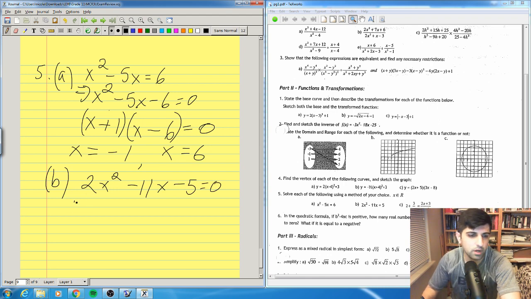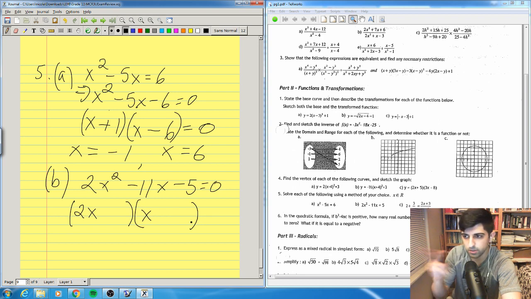And 2 is a prime number, so maybe we can factor it if we're lucky. If 2 is a prime number, the only way you can get 2 with two numbers multiplying together is 2 and 1. So 2x, x. Great. And 5 is also a prime number, so the only way you can get 5 is 5 and 1. Now, where do we put 5 and 1? Well, we can test it out. So let's try 5 here and 1 here. Luckily, this, I think, works.